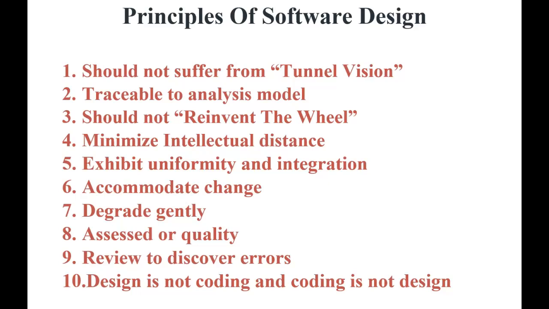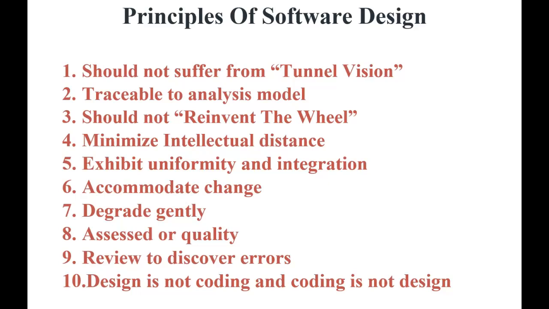Now the fifth is exhibit uniformity and integration. The design should display uniformity, which means it should be uniform throughout the process without any changes. Integration means it should combine all parts of the software, that is, subsystems, into one system.